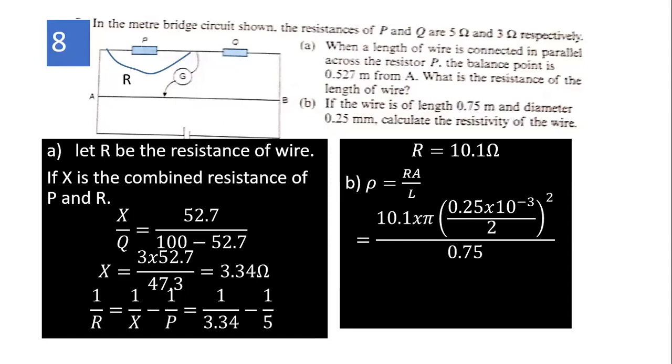Put in your value for resistance. Pi for area, pi R squared. You are given the diameter, so you divide by 2, change it to meter, and then square the whole thing. This is your R squared. And then L, that one there. Okay. Ohm meter.